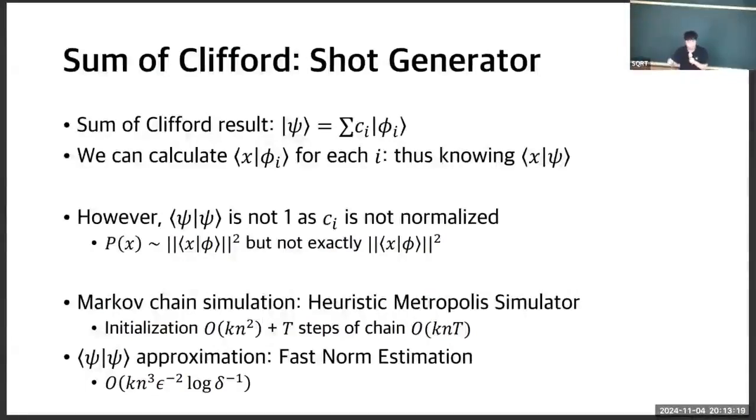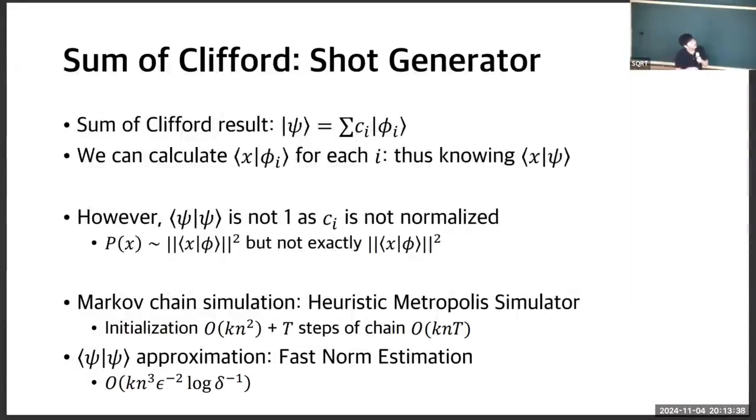Then we can just take that as a reference for the Markov chain simulation, because that just takes the ratio of probability to produce the sample here.